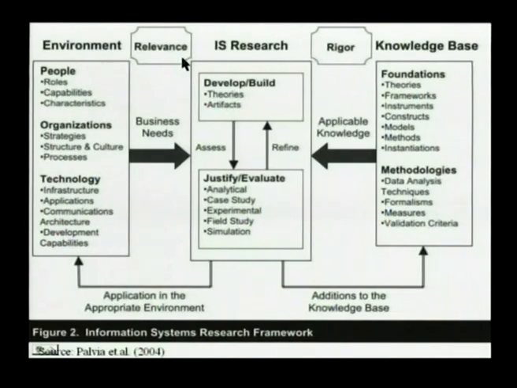For example, the research study that you're conducting, is it relevant to computer science, or is it relevant to the situation where you actually wanted to conduct that study? And then the second thing is rigor. How much rigor you have put into that research?